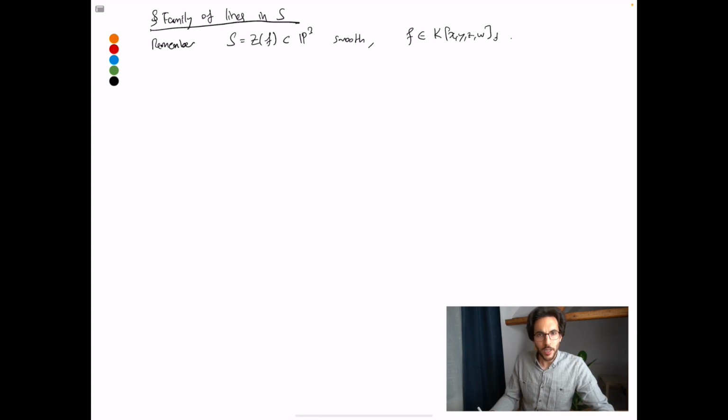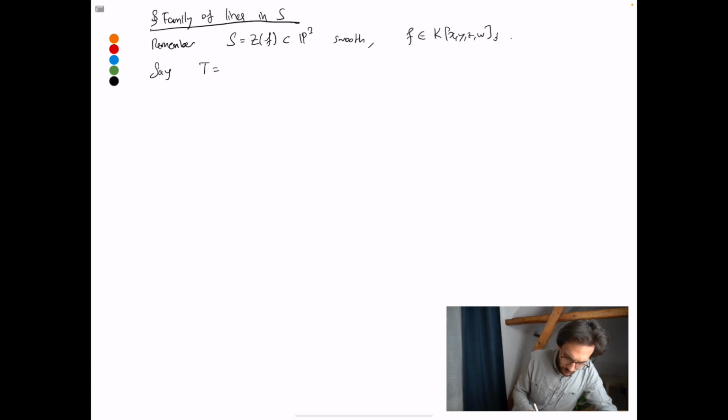Now, as a base for our family of lines, I'm going to take the spectrum of a ring. T is my base, and it's the spectrum of a ring B. So it should be a K algebra because the coefficients of F should make sense within B.